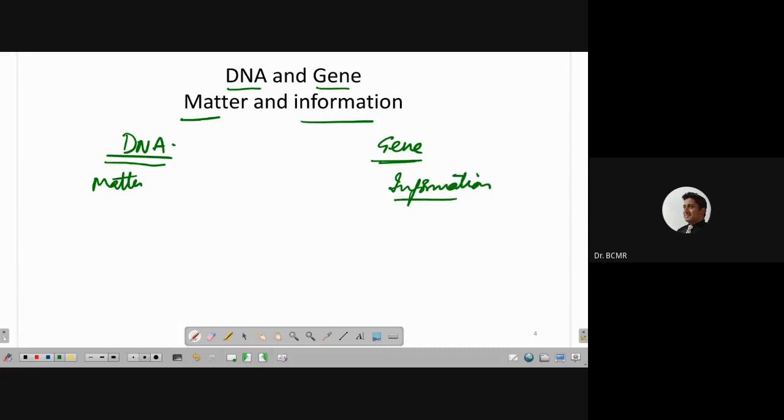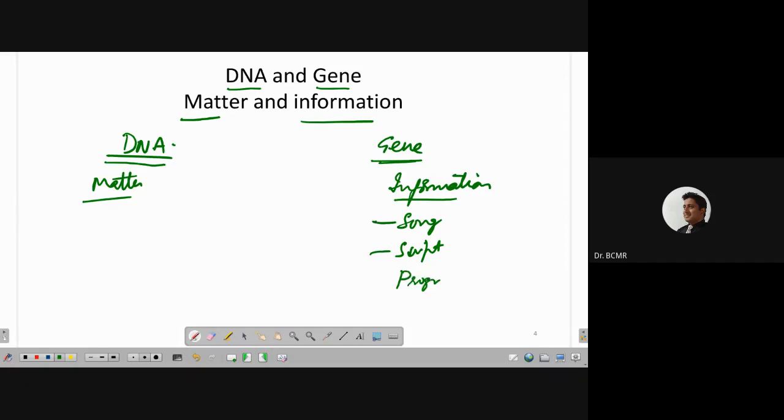Can you think of any information that is not dependent directly or indirectly on matter or energy, physical entities? You can take a song, a script, a paper, or a program.